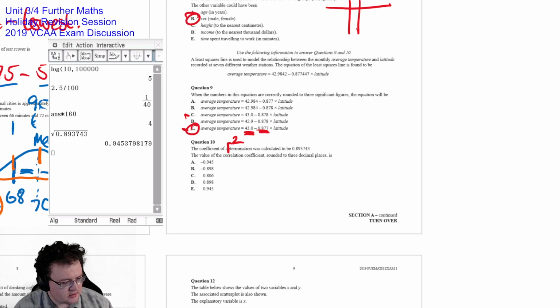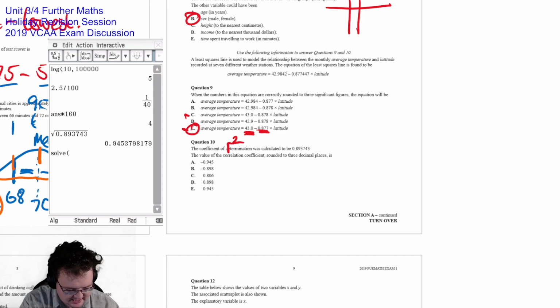But did anyone here do Methods? What is it about square roots that's interesting? They are positive and negative. So when you do it with that button there, it just takes the positive square root.